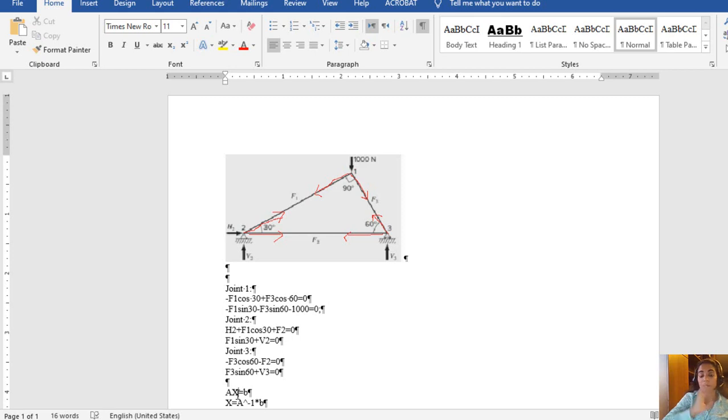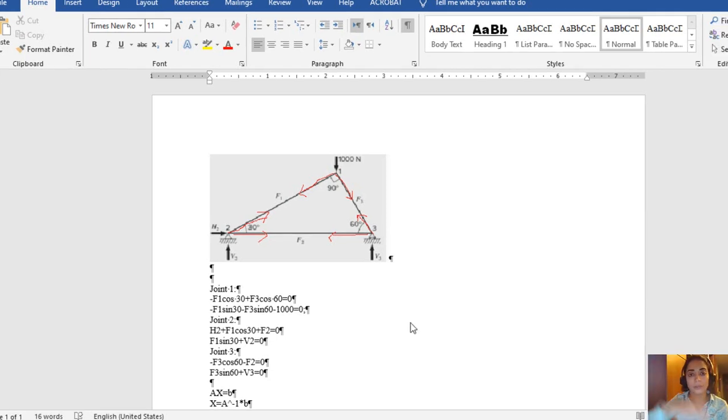What my purpose is to find A, the matrix of coefficients, as well as B, the constant matrix. And then I'm going to find X as the column vector, including all the unknowns that are here, H2, V2, V3, F1, F2, and F3.